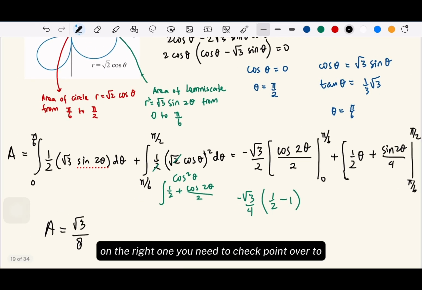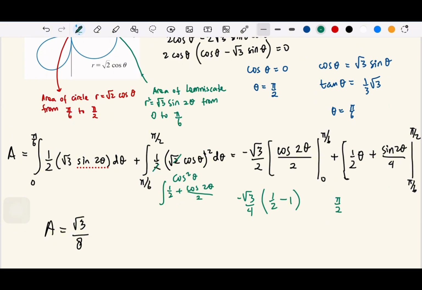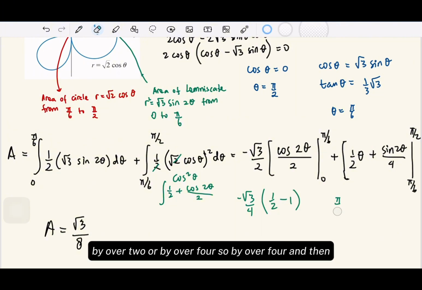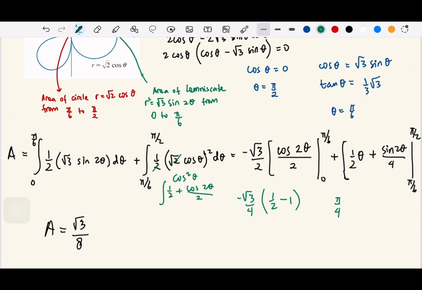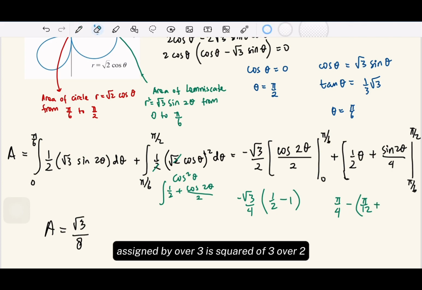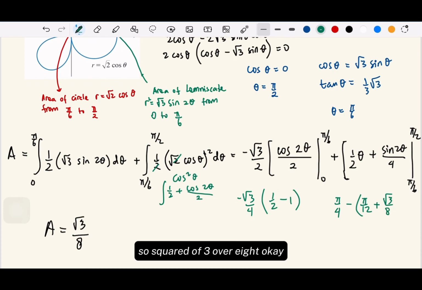On the right one, we need to check pi over 2, oh, pi over 4, sorry, pi over 4, and then plus 0 minus pi over 6, it's pi over 12, plus sine pi over 3 is square root of 3 over 2, so square root of 3 over 8, okay?